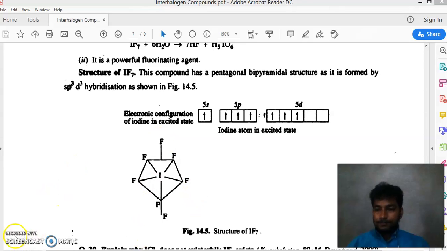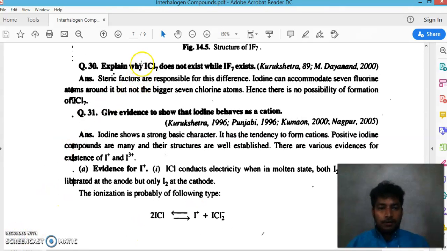Next, one important question that comes in every exam: explain why ICl7 does not exist but IF7 exists. The answer is steric factor. Steric factors are responsible for the formation of IF7, not ICl7.